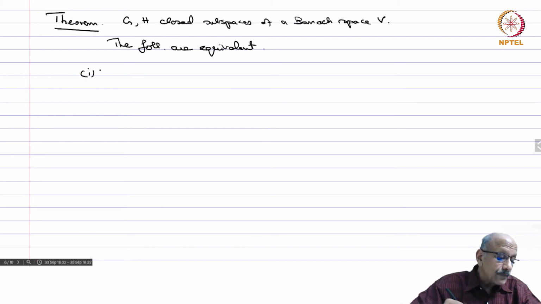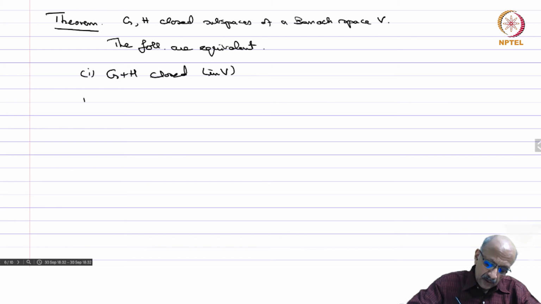One, G plus H is closed in V. Two, G perp plus H perp is closed in V star.